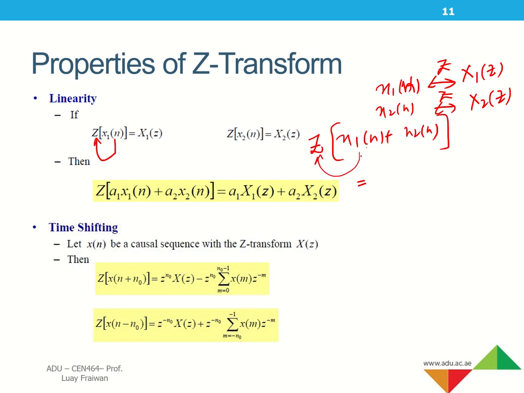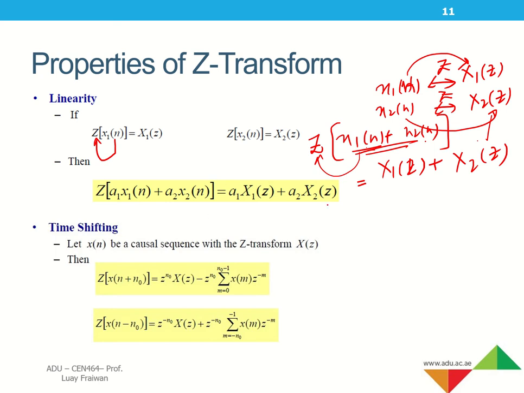The linearity property tells us that this is equal to the individual Z transform of the first signal plus the individual Z transform of the second signal. So simply take the Z transform of the first signal and the Z transform of the second signal, add them, and that will be equal to the Z transform of the sum of the signals. This is the first property, linearity. We will see examples of each property in the live session.